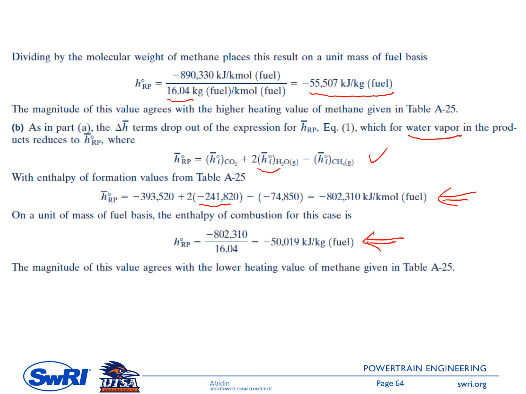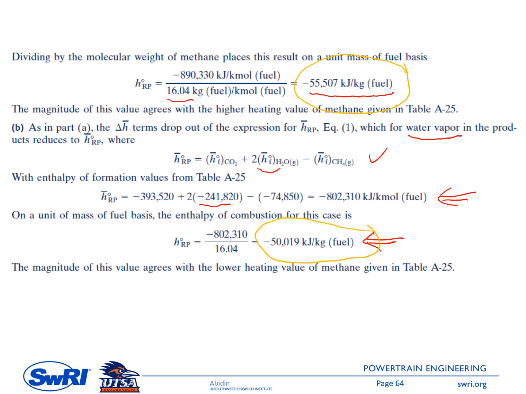So after inserting all numbers, we get the enthalpy of combustion for this methane of minus 50,019 kilojoule per kilogram. Okay, you can see here that it has a lower enthalpy of combustion compared to the result for A. This is the higher heating value and this is the lower heating value.